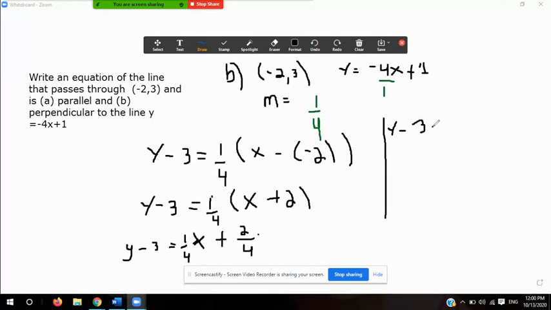You don't have to, you can skip it just as long as you know that 2/4 can be reduced into 1/2. Now, I need to solve for y, so I have to get rid of that -3, so I have to add 3 on both sides. So I'm going to add 3 here, and this would be plus 3.